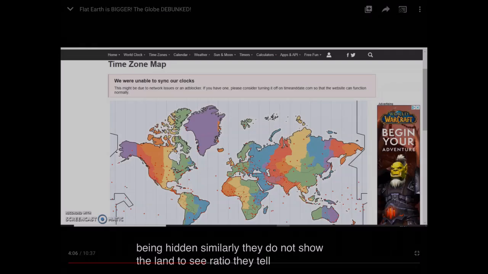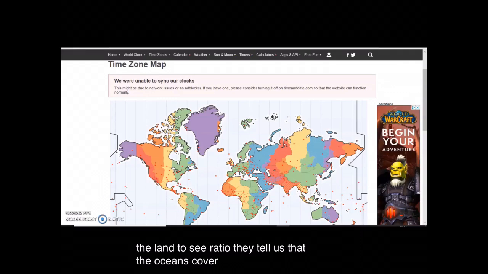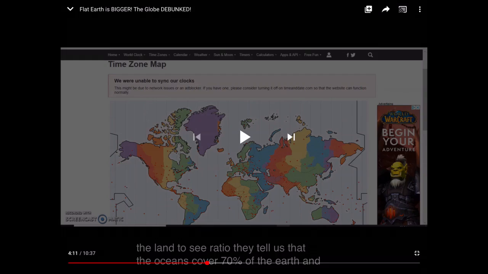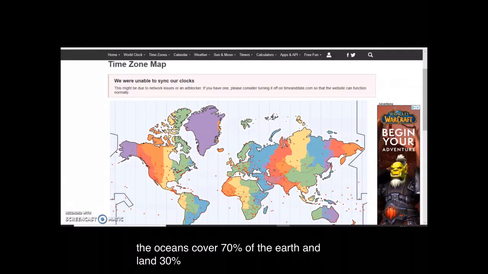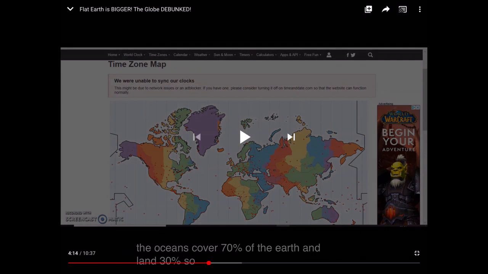They tell us that the oceans cover 70% of the earth. 71% of the Earth, yeah, true. And land 30%. 29%, but hey, we're rounding down. Okay, that's forgivable. Let's just go to this.